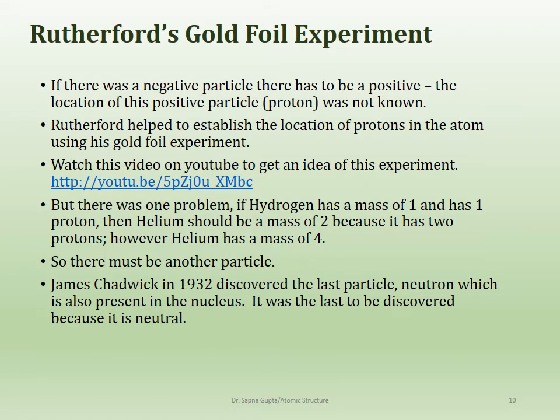Finally came Rutherford's gold foil experiment, and this came after the discovery of the electron, because any atom is considered to be neutral. So if there's a negative particle in the atom, there has to be a positive one. The positive particle was called the proton, but its location was not known. And so Rutherford established the location of the protons.